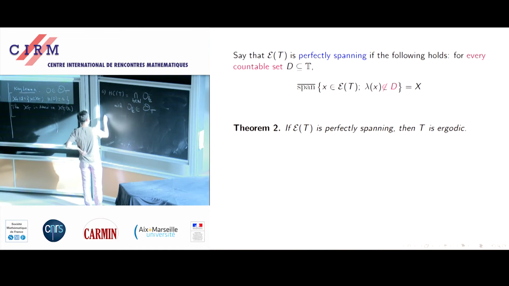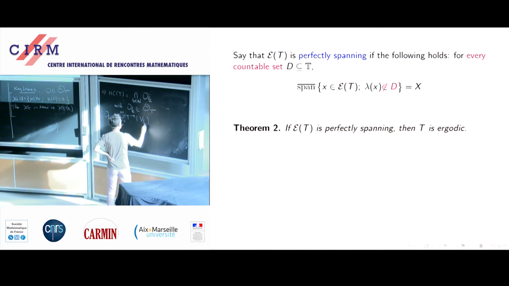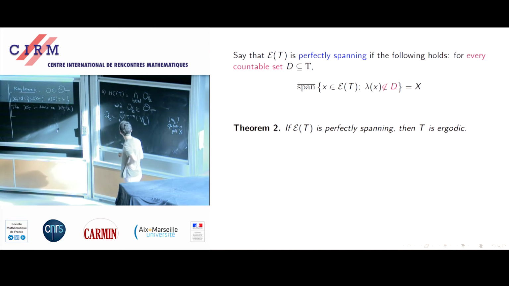You just define the O_k like this, where V_k is an open basis for x.